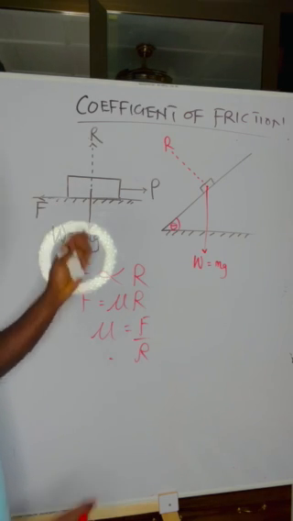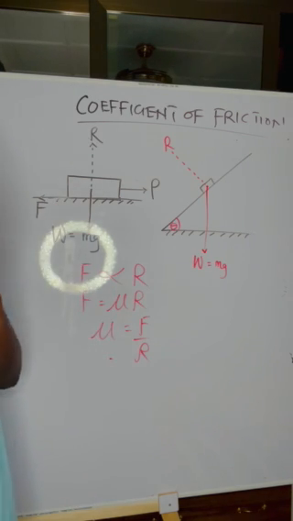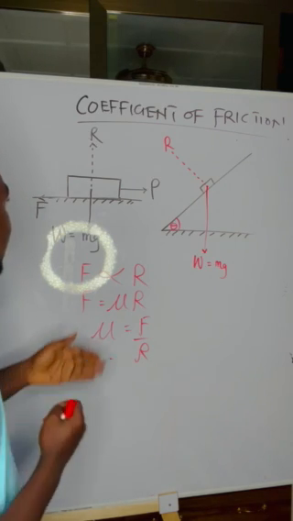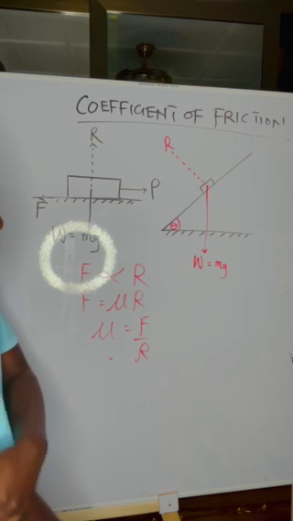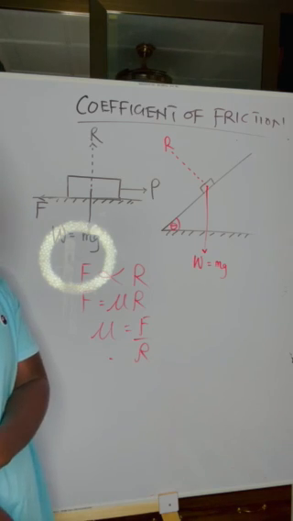When the body is resting on a rough horizontal floor, and this body is being pulled by a force, say P, then the frictional force will act opposite in the direction of the movement of the body.